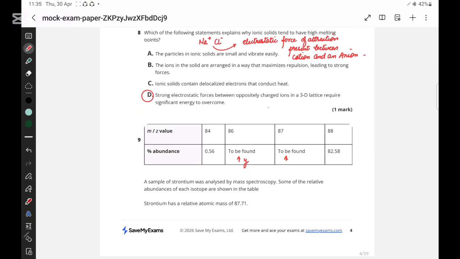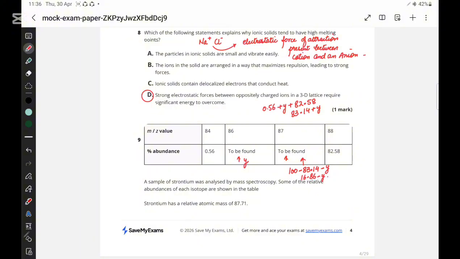So we can do 0.56 plus Y plus 82.58, and that comes out to be 83.14 plus Y. And to find the remaining abundance, we can do 100 minus 83.14 minus Y.